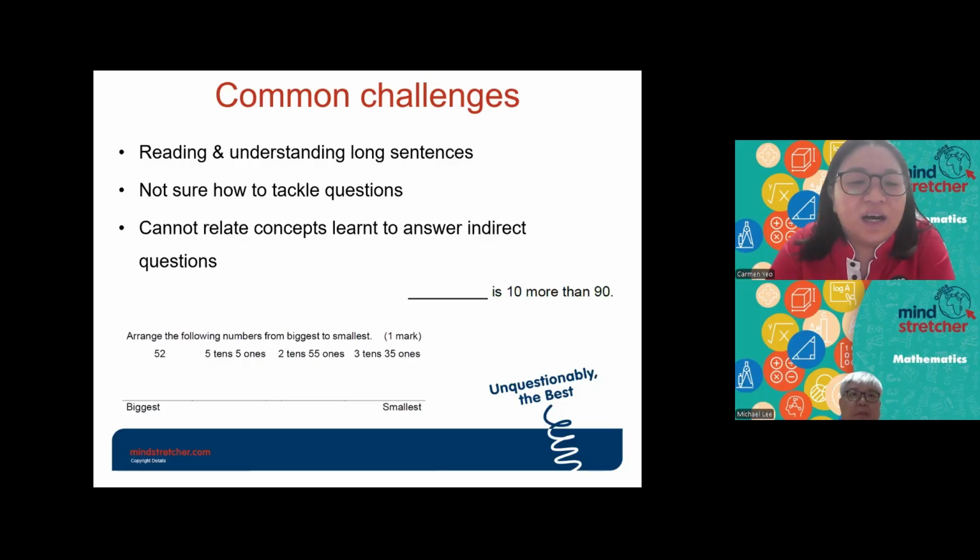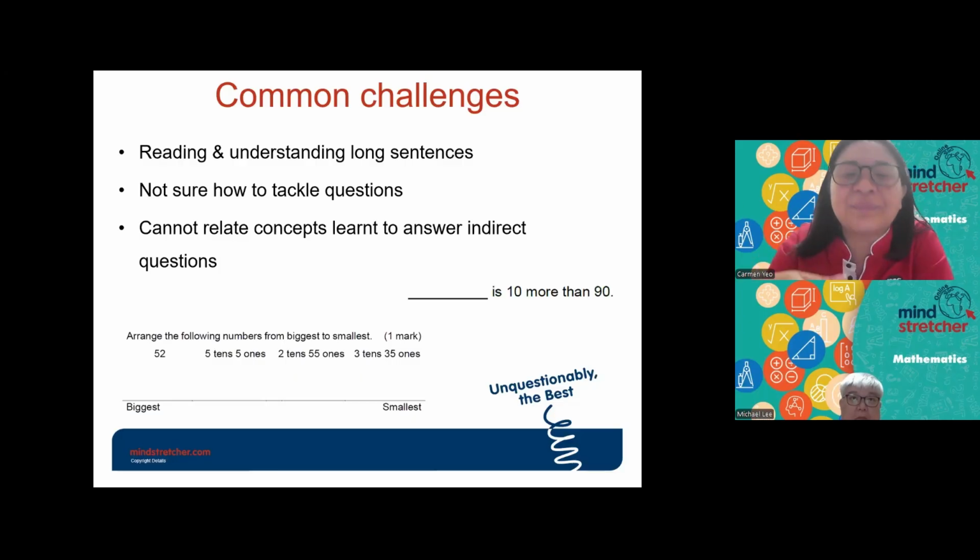Okay. Not sure how to tackle questions, especially when they come to word problems. Maybe now in primary one, you may not have seen word problems yet in January. But primary two, you could have seen word problems in primary one before. Some students are not so sure how to tackle word problems, especially when two sentences and one question are given to them.